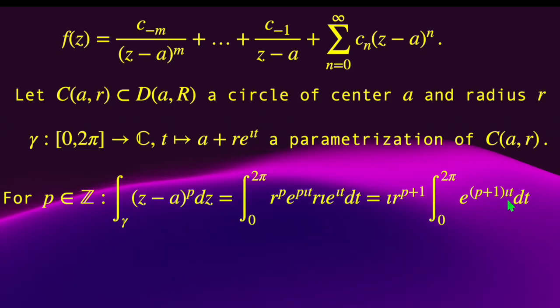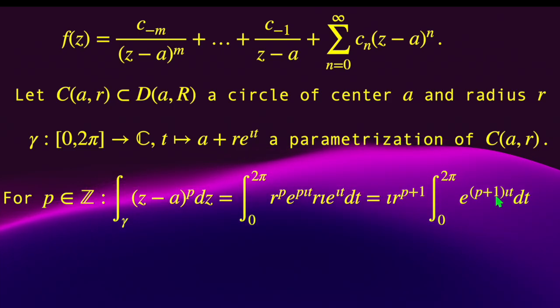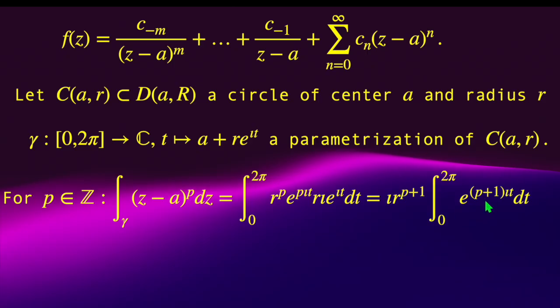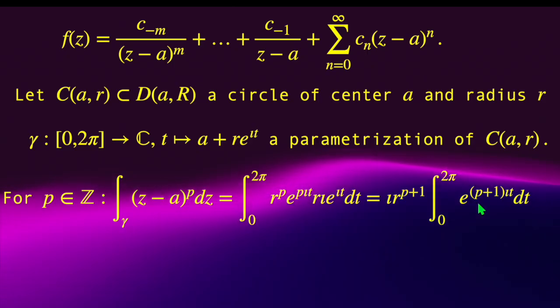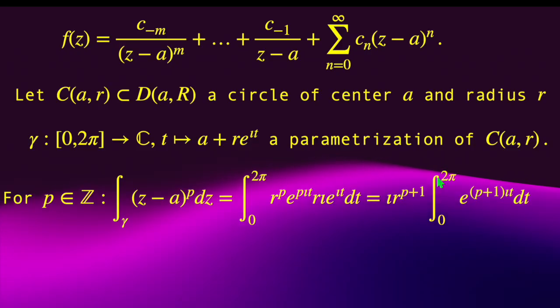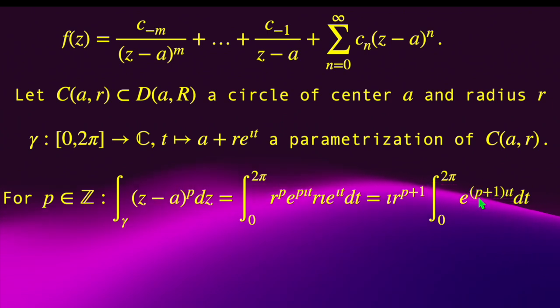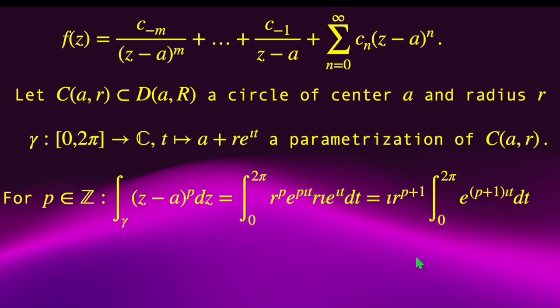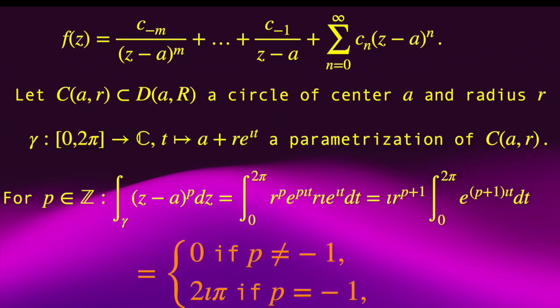Now, as we can see, if p plus 1 is different from 0, this function has a periodic antiderivative, which is 1 over (p plus 1) i, e^{i(p+1)t}, and in this case this integral vanishes. In the case when p equals minus 1, here we get 1, and we get 2 pi i, and we get this beautiful formula.